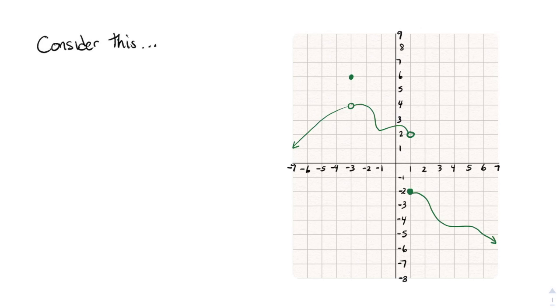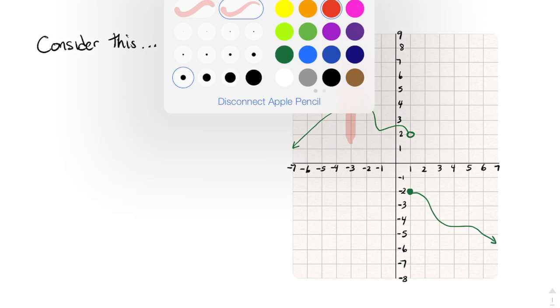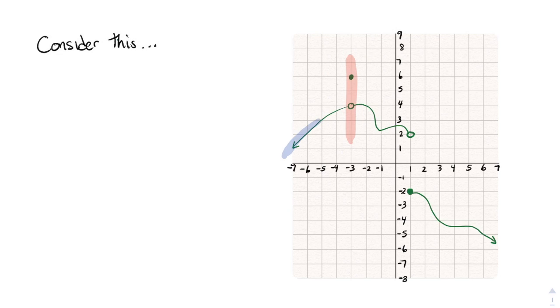Consider this. Here we have a function, and we know this is a function, right? It passes the vertical line test. And here, if we look at this value, as x approaches -3, so as we travel in this direction, let's say to -3, and as we travel in this direction to -3, it looks like we're approaching the value of +4, right?